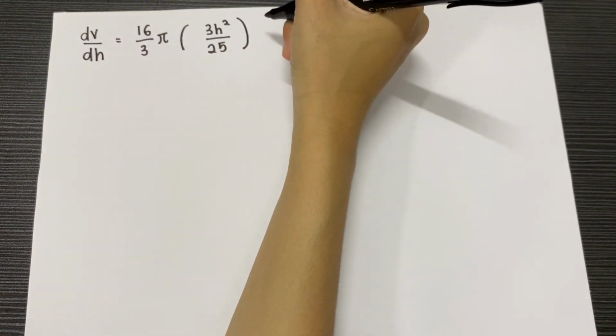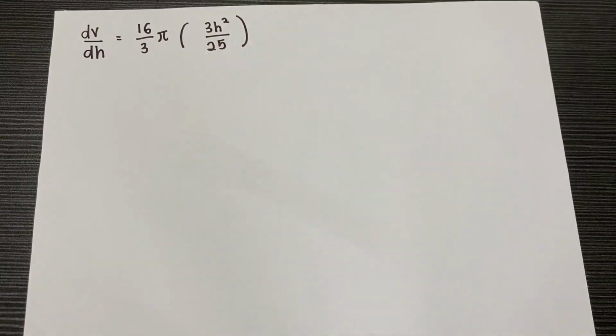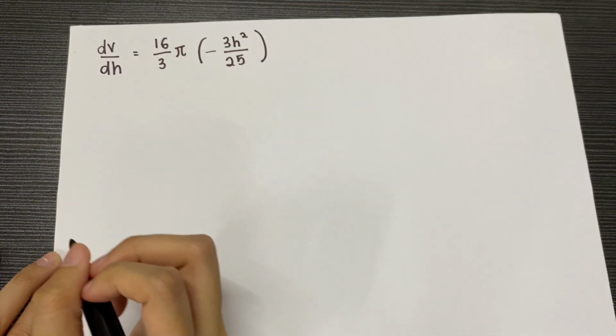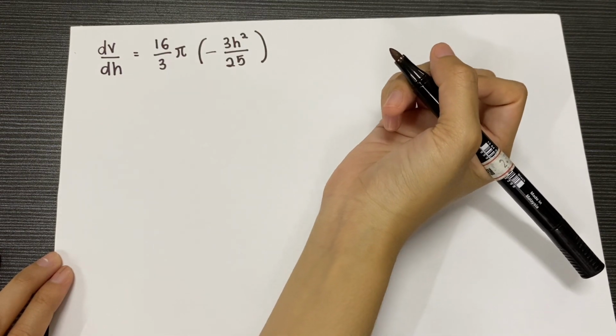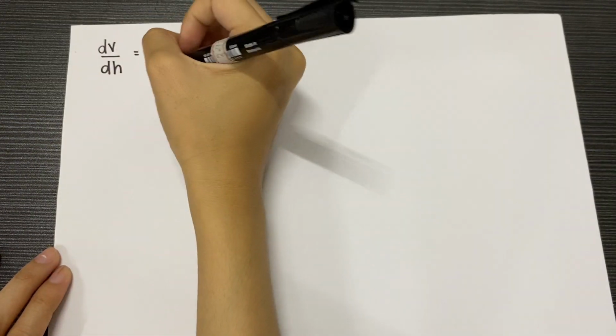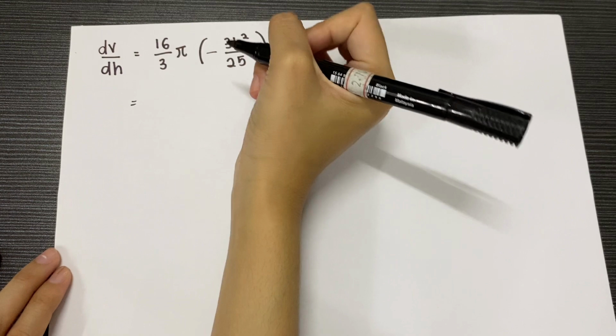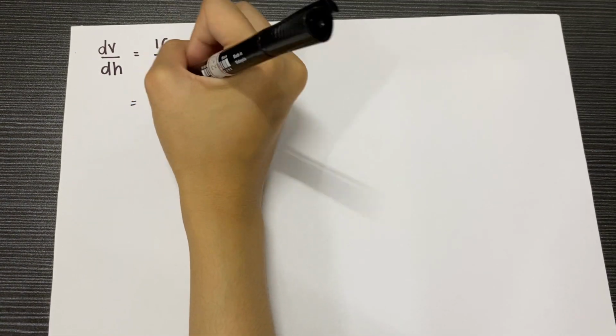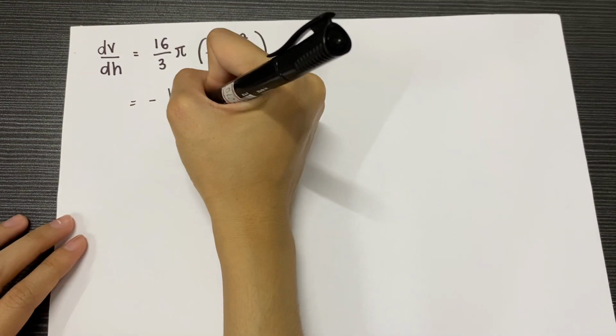So this is our dv over dh. Oh, I forgot the negative, sorry. Let's simplify this equation.